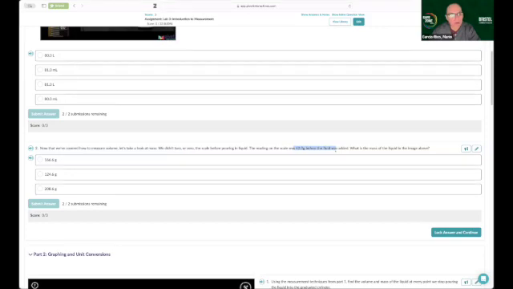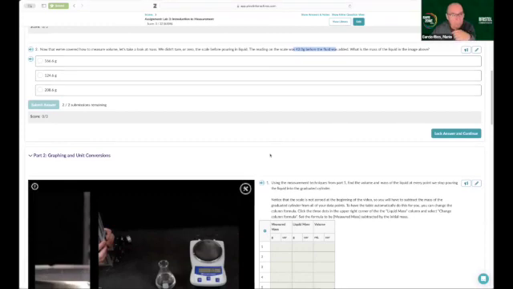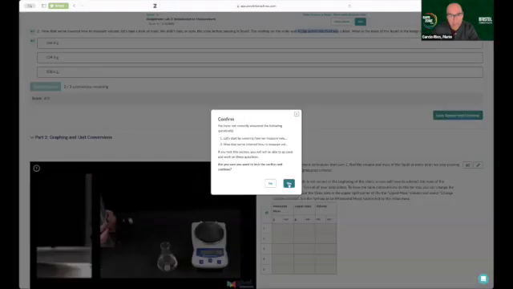So the 166 grams minus the 42 grams will give you the mass of the liquid alone. Now, in order to proceed to the next section, in my case, I need to log the answers so that I can open the next section. Of course, you're given a warning. Always read pop-ups, always read instructions carefully.